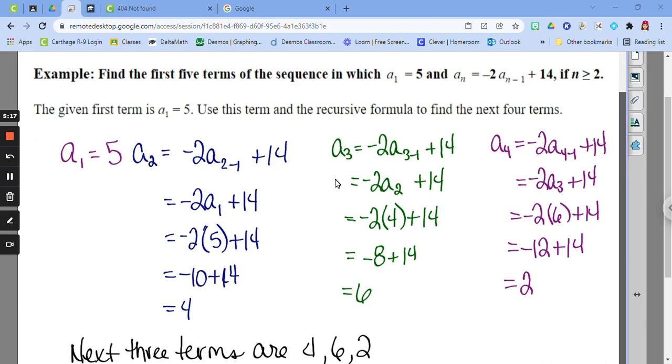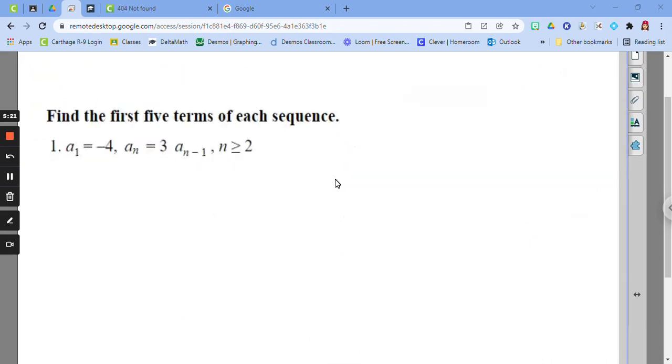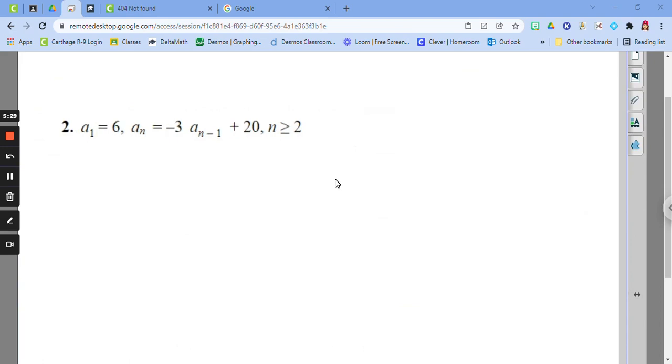So if we look at the next one, find the next three terms, the first five. Yes, you have the formal notation when you're given the recursive formulas.